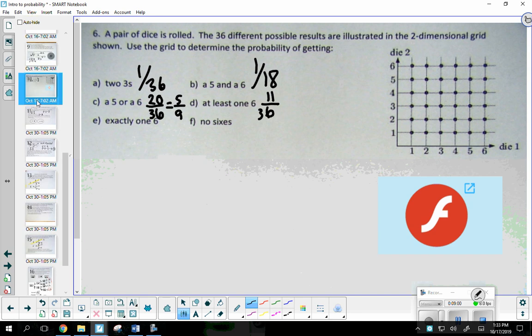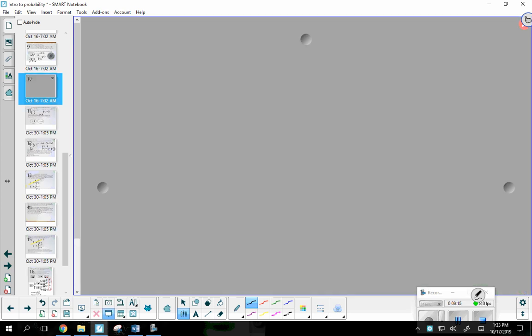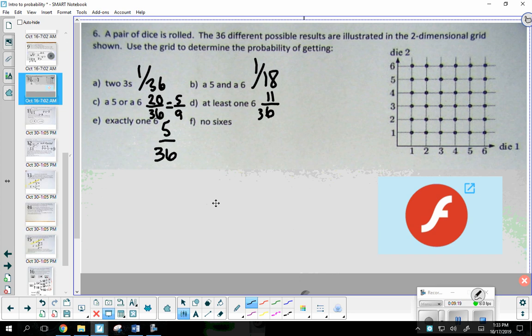Okay, there you go. So the probability of getting exactly one 6. There you go, ma'am. Oh, that's okay. So 5 out of 36, and then no 6s, 25 out of 36.